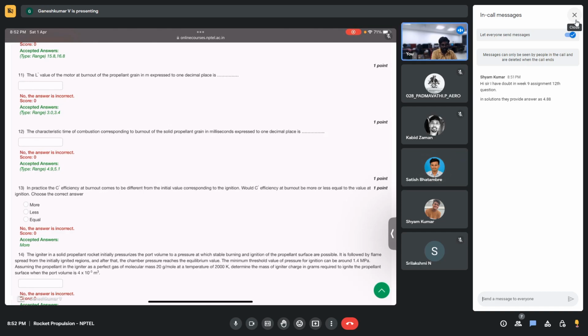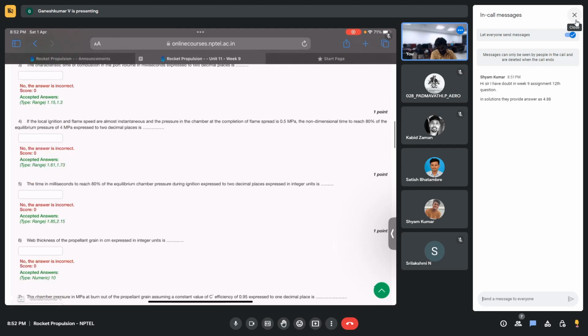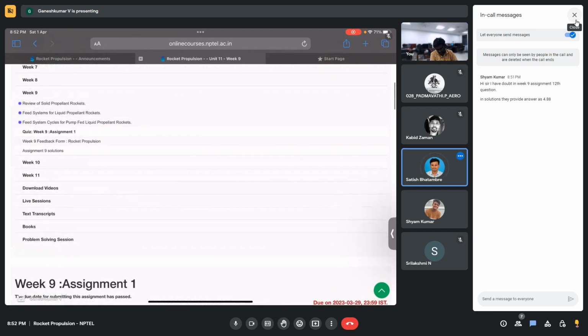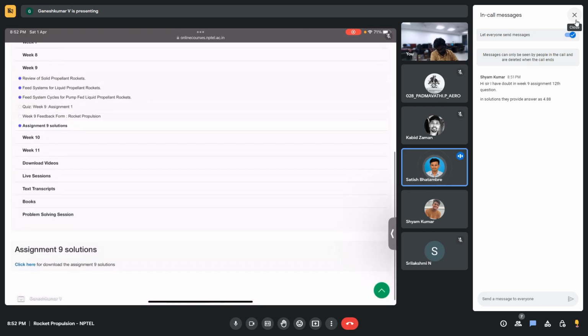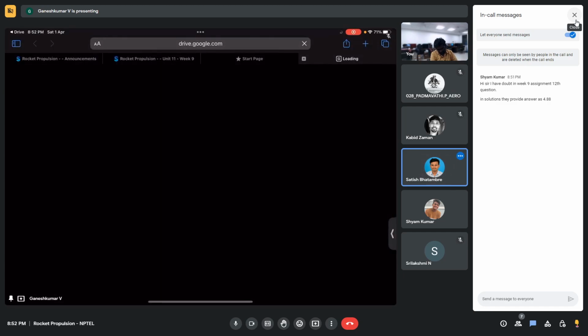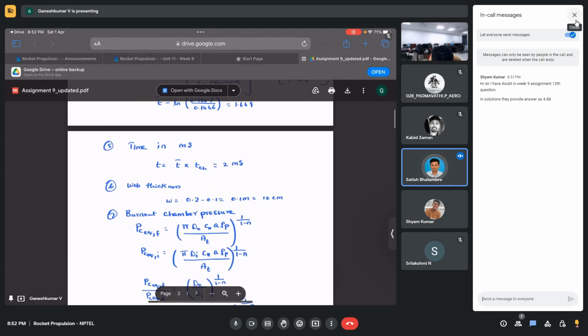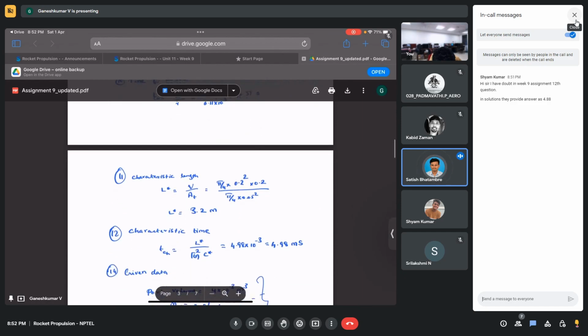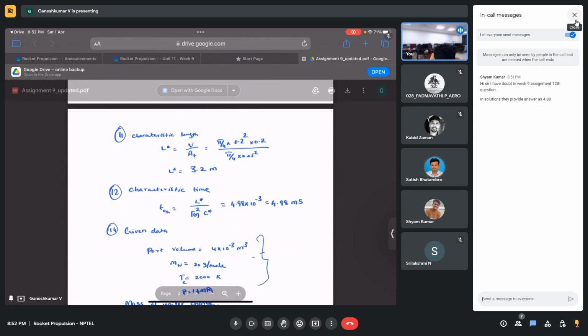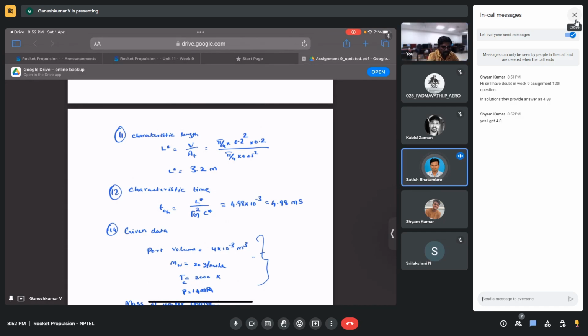In the solution, they provide the answer as 4.88. Okay, let me look. So you're not getting 4.88. Is this a problem with other people also? Kabir, Satish, Sri Lakshmi.